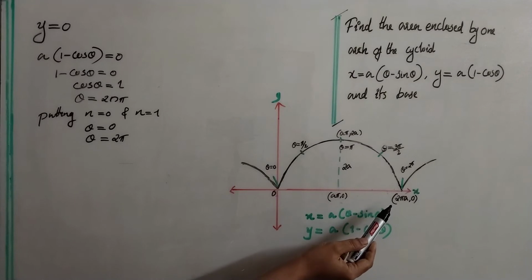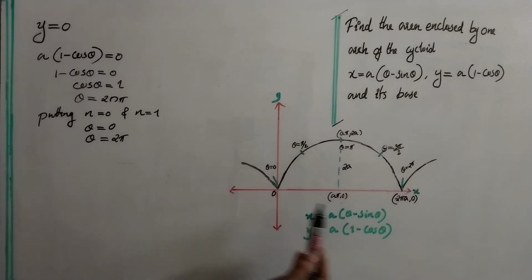Here the value of x is 2 pi a and value of y is 0.